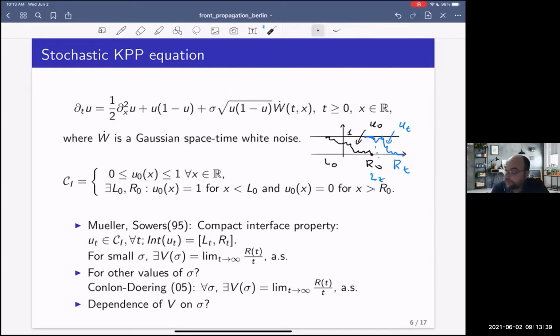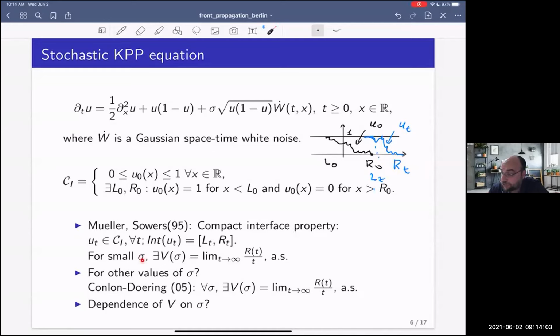Moreover, they showed that in fact the propagation of the right edge of the interface has a speed. There is v of sigma, which is the limit as t goes to infinity of R_t over t. So the speed of propagation of this right edge.